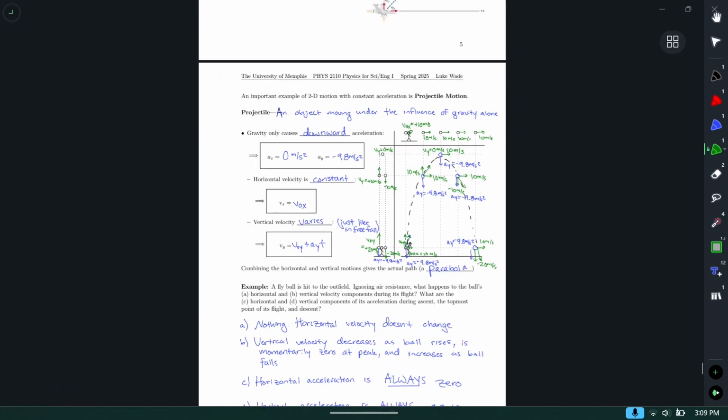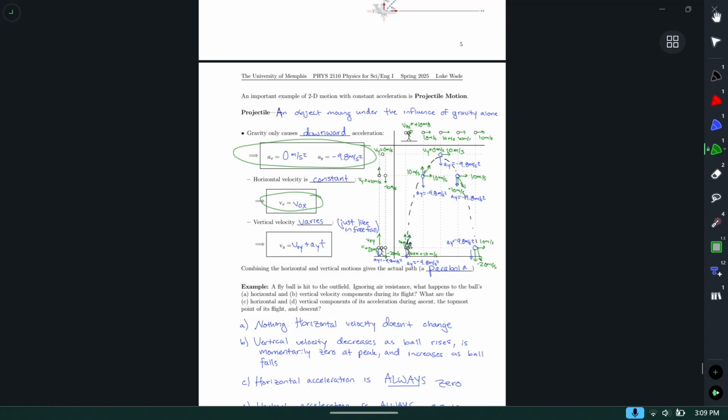For projectile motion, the main things that people forget about are still acceleration, but really more so what that says about the velocity. The fact that the acceleration is 0 horizontally says your horizontal velocity never changes, is always the same number, and that gets forgotten in several different ways.